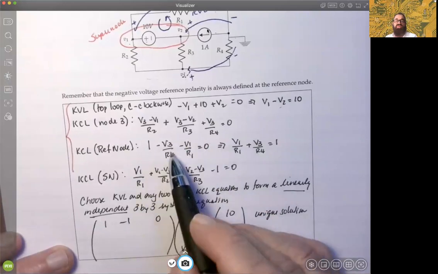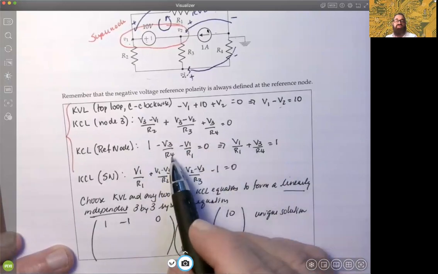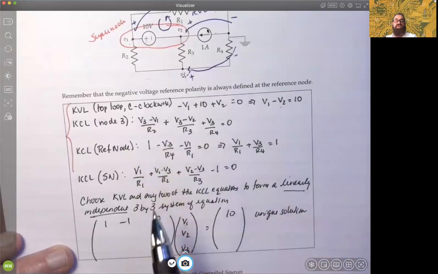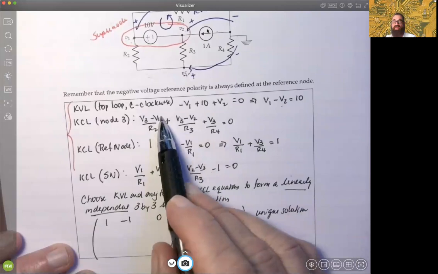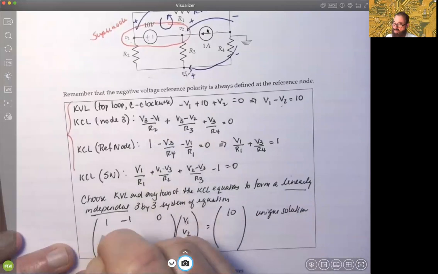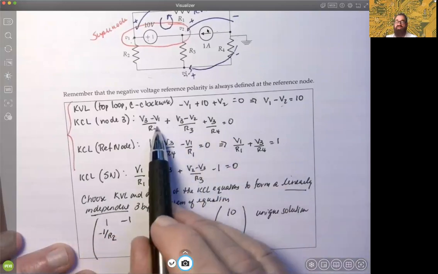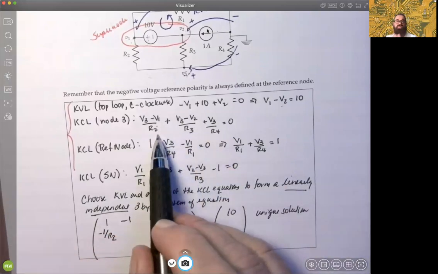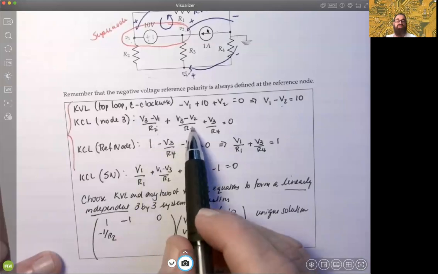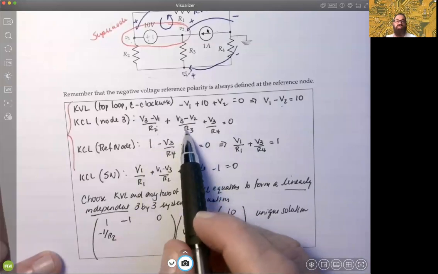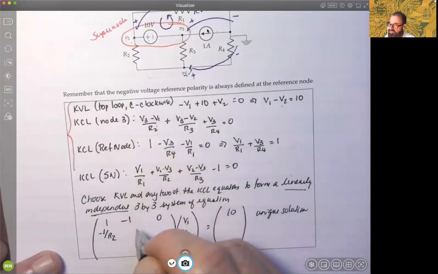Let's write the matrix row equation for using KVL node 3. Well, again, what are the coefficients for V1? In this case, there's only one. It's going to be -1 over R2, okay? You see that? Look for the coefficients. R2 would be known, the resistances would be known, those would be real numbers. What about V2? Oh, there's just this term, -1 over R3.